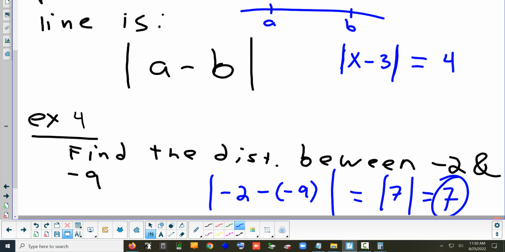There's really nothing to do inside here because you have a variable and a number. What's going to end up happening, we'll talk about this probably next week, is you have to split it into two equations, a positive and a -1, right? x minus 3 equals 4, and x minus 3 equals -4. But I don't think we're going to do that today. That's generally what would happen. Any questions on that?